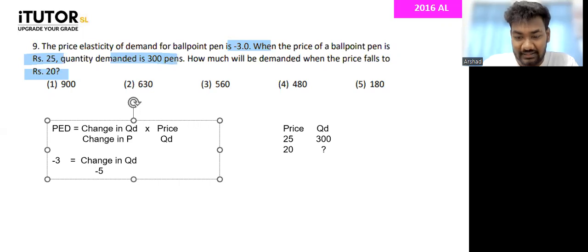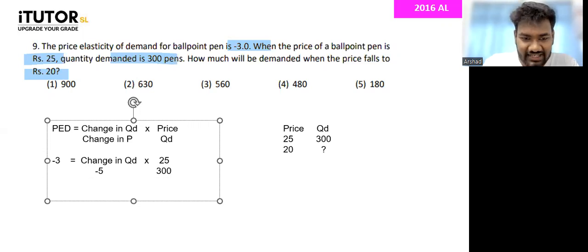Okay. Then can you give me numbers for the price and QD? What's the price? Price 25. Remember, guys, I have to give the initial price, right? Price 25, QD 300. Right. So can you move things around and tell me how much is the change in QD? Now this is math.